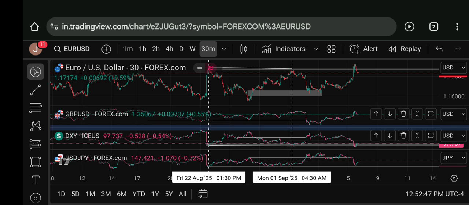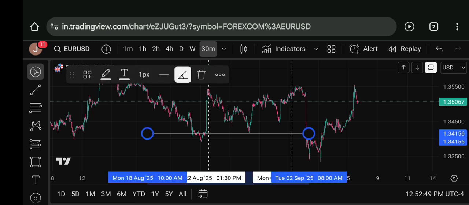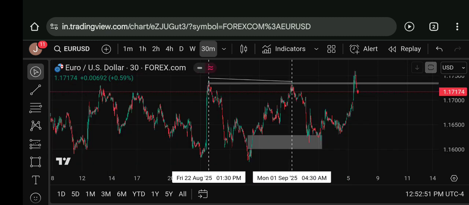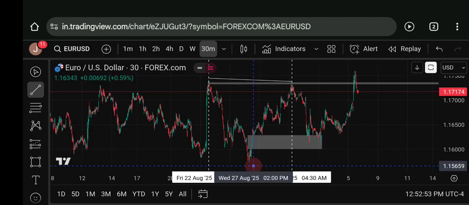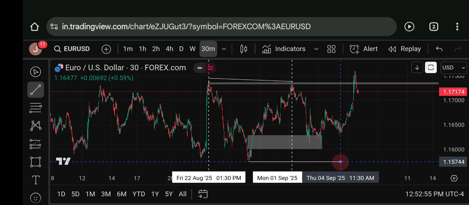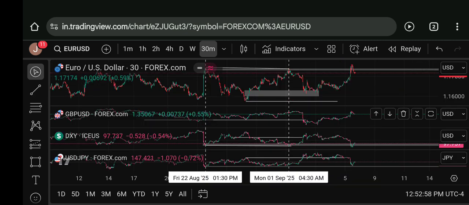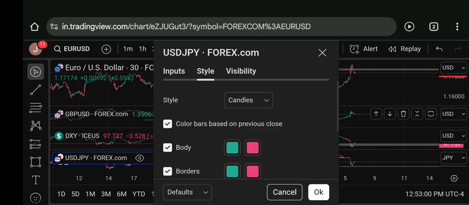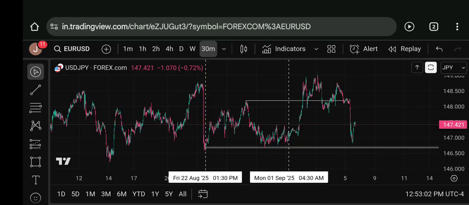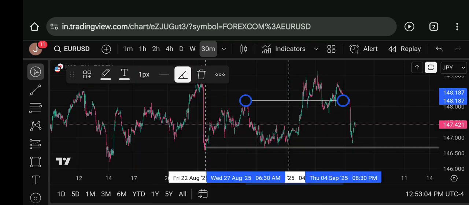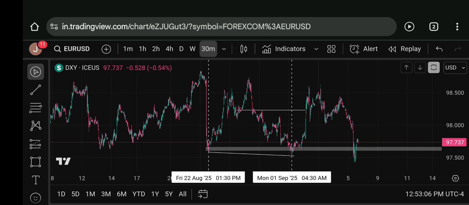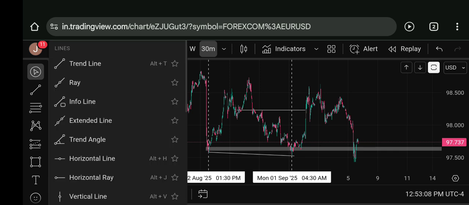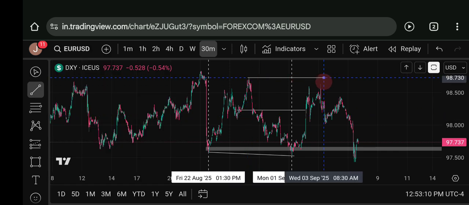You can see that GBP hit our DOL here, which is here, whereas Euro failed to do so. The same happened with USD JPY and DXY, where USD JPY hit our target here, whereas the same on the dollar index, it failed to do so. You can see that it did not reach this high here.